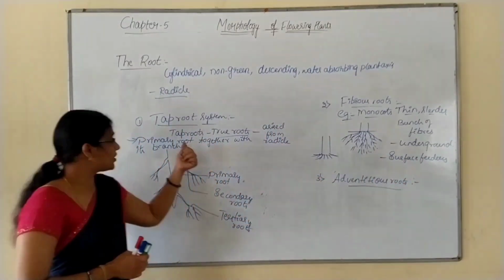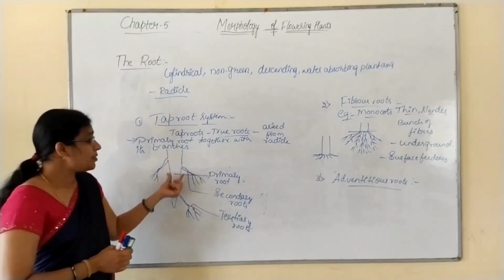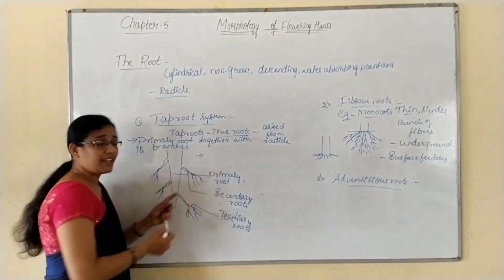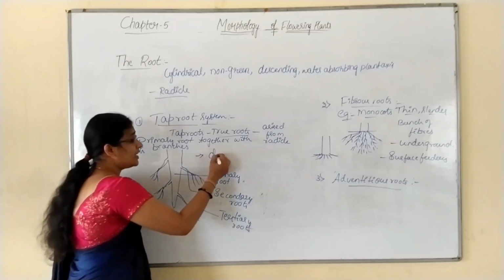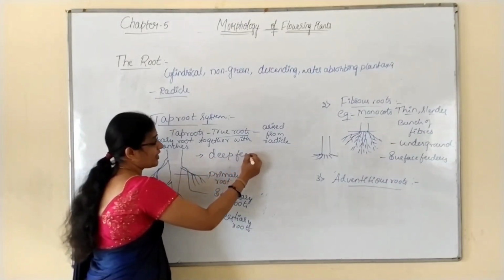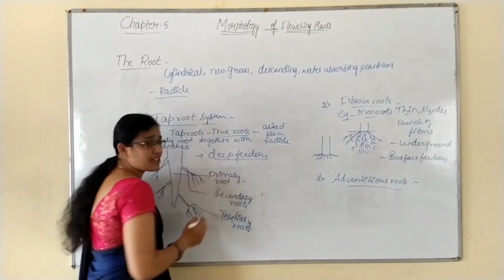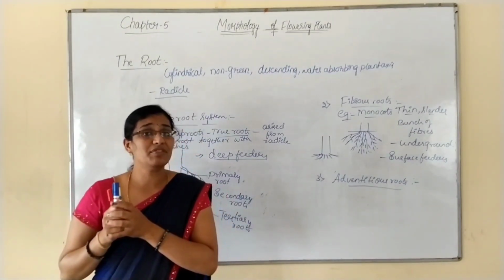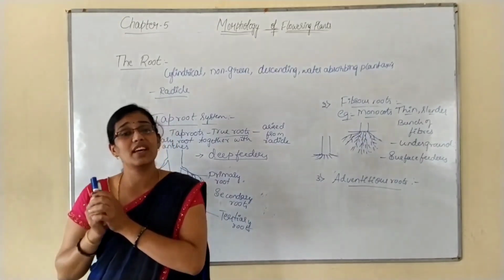But back to the taproot system. In the taproot system, they are usually deep feeders. Why? It is very difficult to remove some of the plants along with their roots.